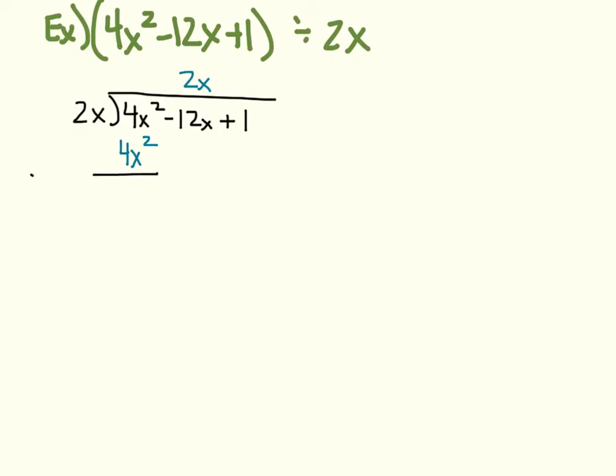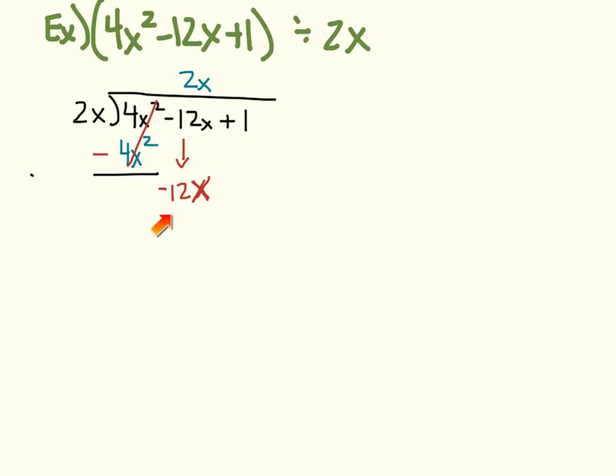Now, just like in the example, we take that away, and these things cancel down to 0. And we drop down negative 12x. This 0, I don't even need to see. Now I have to go, how can I turn my 2x into a negative 12x?